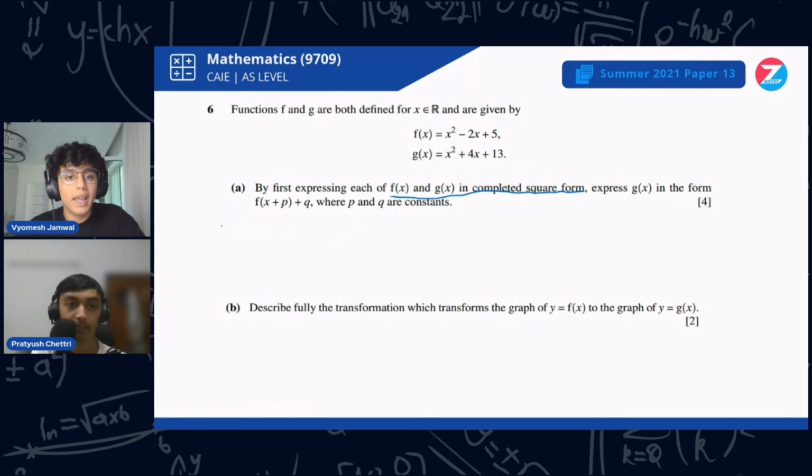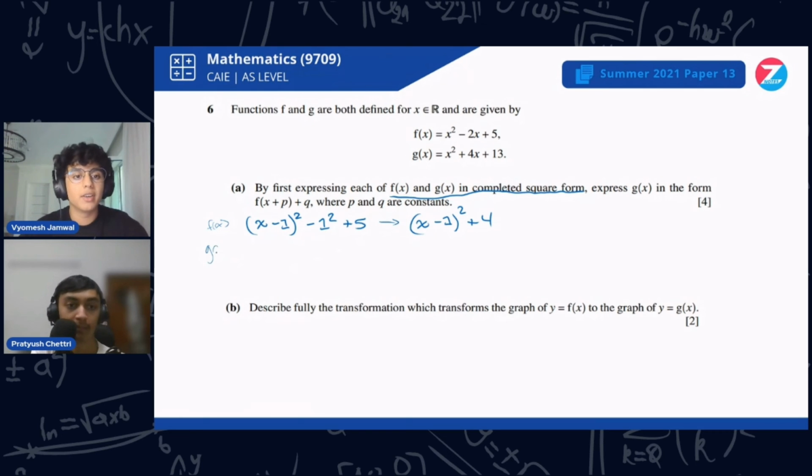I would do x minus 1 squared, and then minus 1 squared plus 5. And then I would simplify that into x minus 1 squared plus 4. So that's f of x.